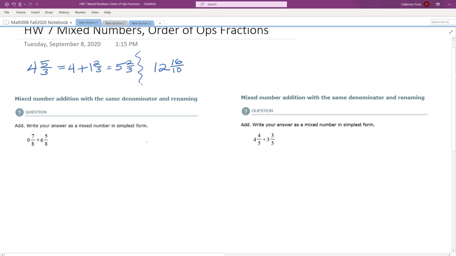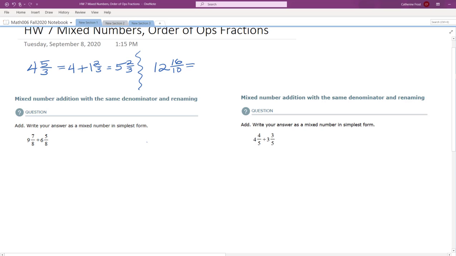Okay, so then for this other one, you might also have the problem that your fraction isn't simplified. In this case, this 12 and 16/10, we have both problems: our fraction's not simplified and this is improper. So it doesn't matter which thing you do first.